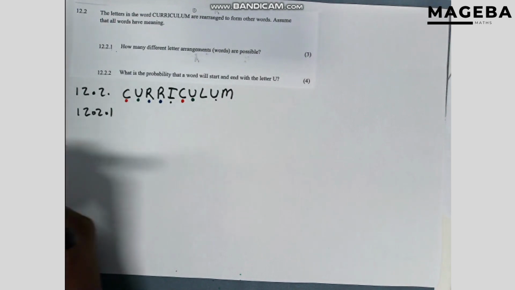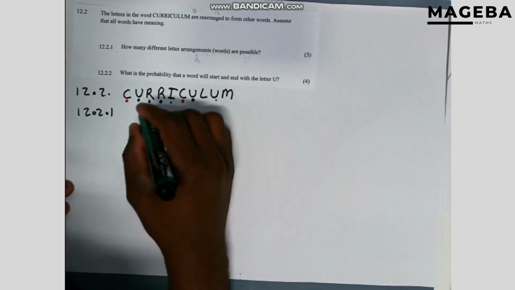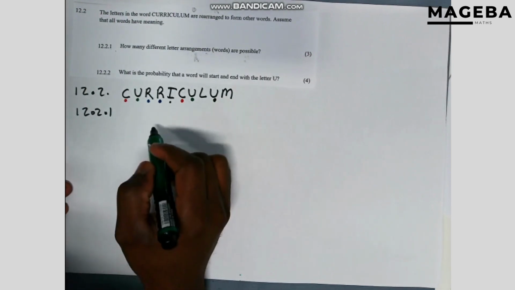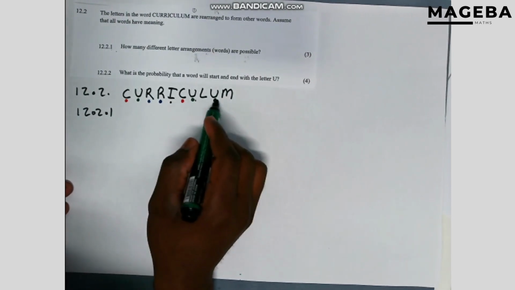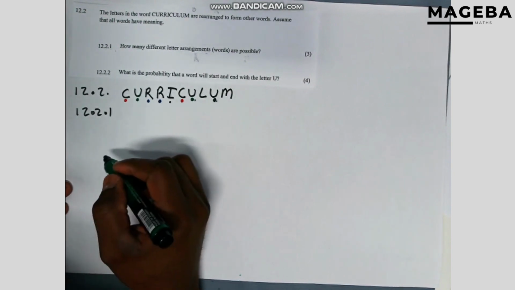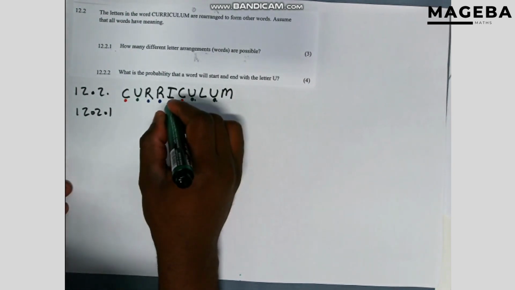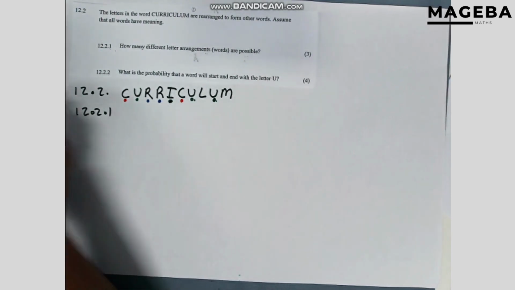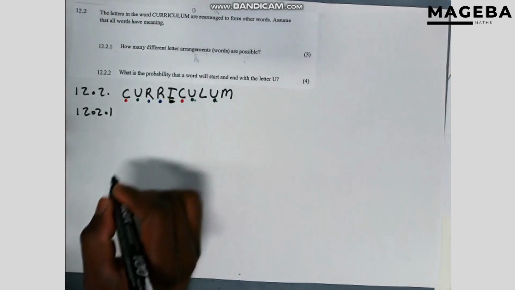I is not repeated. Our U is repeated 3 times here. So we have C that is being repeated, we have U 1, 2, 3 that is repeated, and also we have R that is repeated. Oh, this one is not repeated. Sorry about this one.